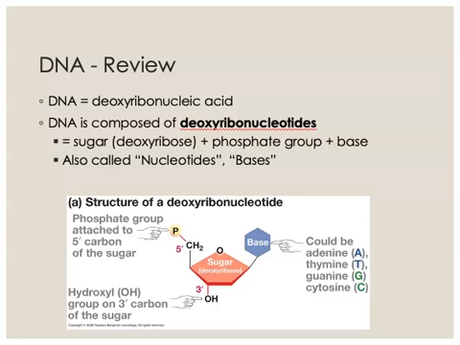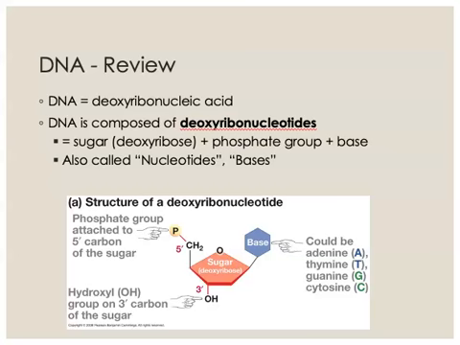DNA is composed of a repeating subunit molecule called a deoxyribonucleotide. We sometimes shorten that and refer to it as a nucleotide. All a nucleotide is, is a sugar, a phosphate group, and one of four bases.